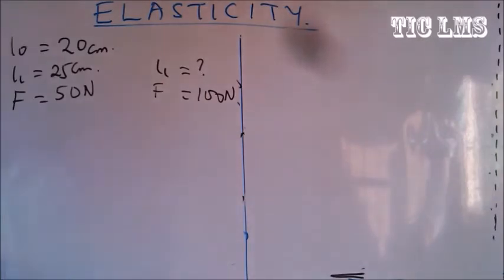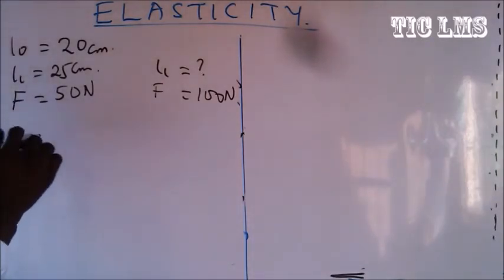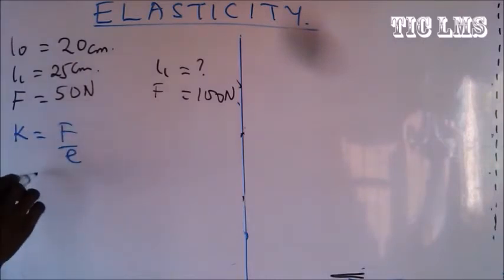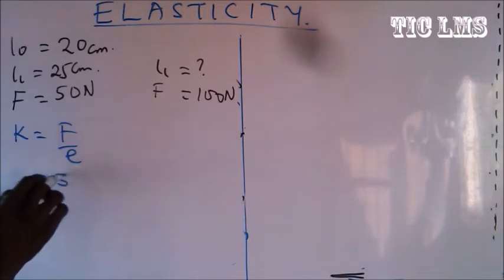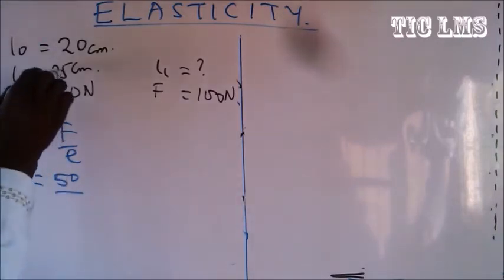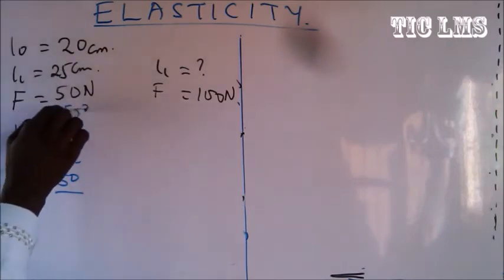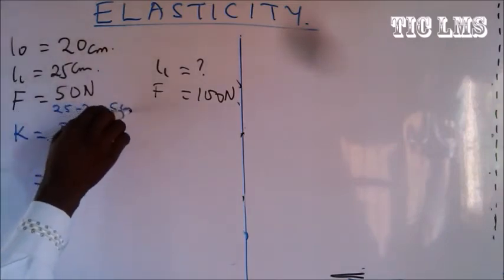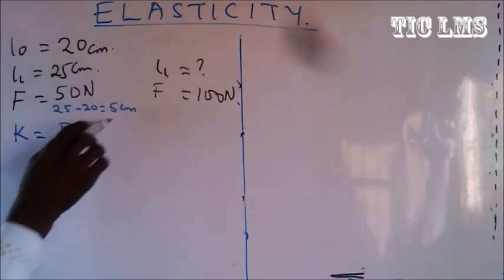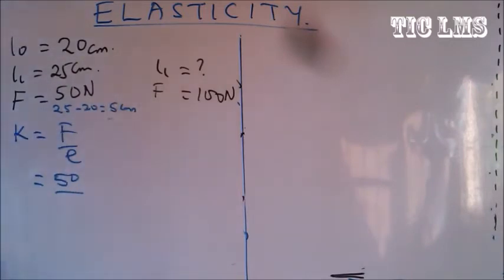So for us to solve this, what we'll do first is to find the elastic constant. We have that the elastic constant equals force over extension. Here the force is 50 Newton, and to get our extension, we have 25 minus 20, and that is 5 centimeter. But we'll not use centimeter because we have to work in the SI units.